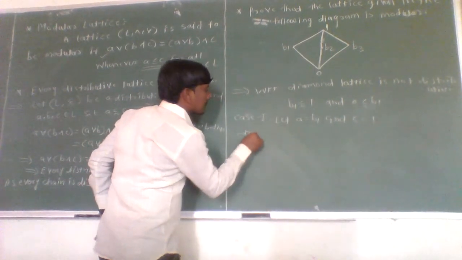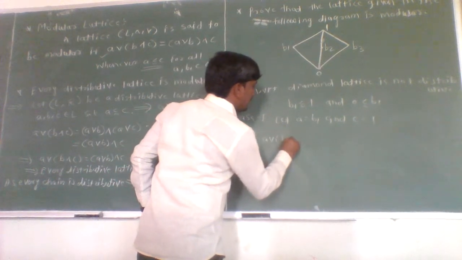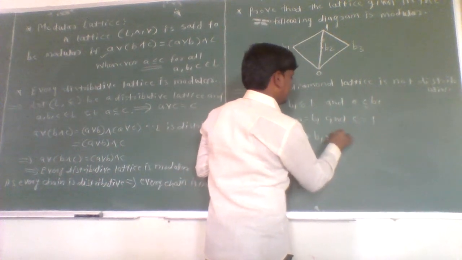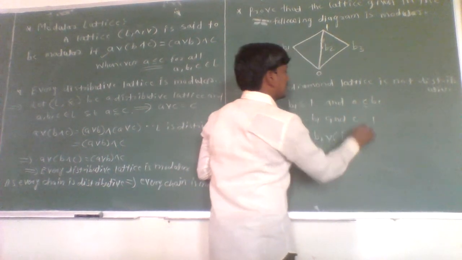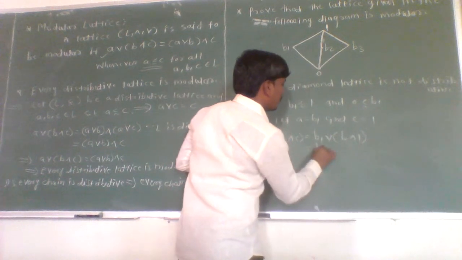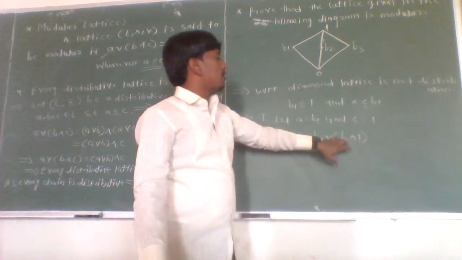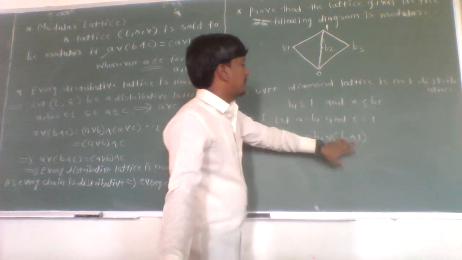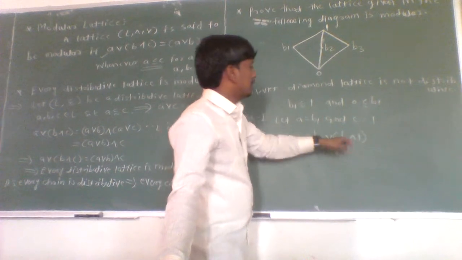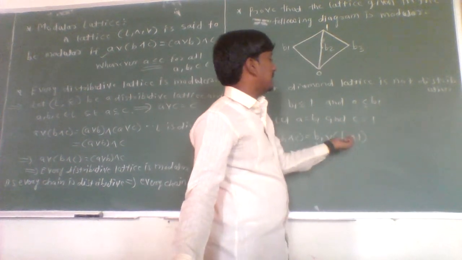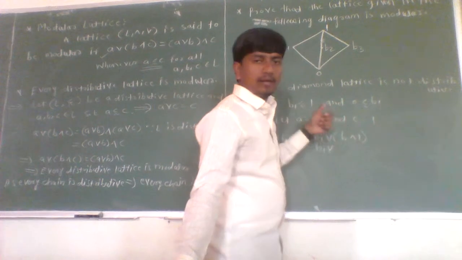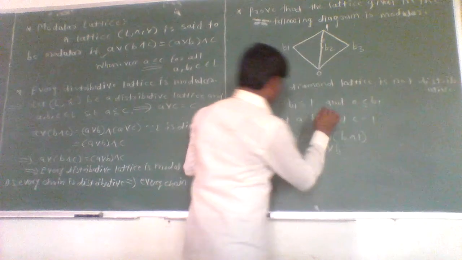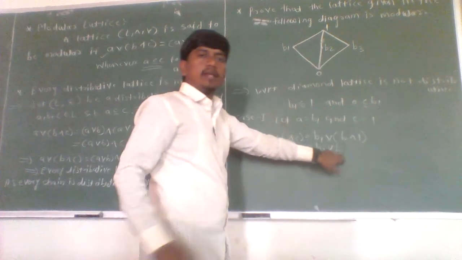Consider a join b meet c, which is b1 join b meet 1. As 1 is the greatest element, b meet 1 is always b. If b is 1, then it is b only, and if b precedes 1, then b meet 1 is b itself. Therefore, a join b meet c is b1 join b.